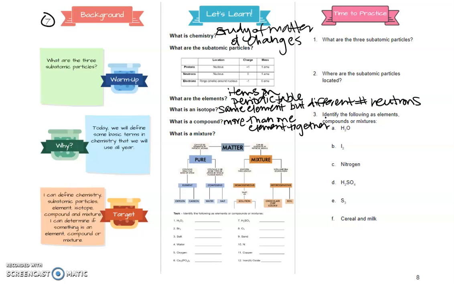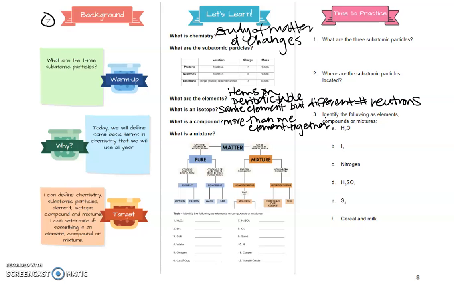But mixtures are going to be when something's in the same space, but you can separate it. So a good example I always give people of mixtures would be cereal and milk. Let's say you have Cheerios and some milk. That's a mixture right now because they're kind of together, they're mixing together, but you can easily pull the Cheerios out of the milk. You cannot easily separate the parts of a compound because they have bonds holding them together.